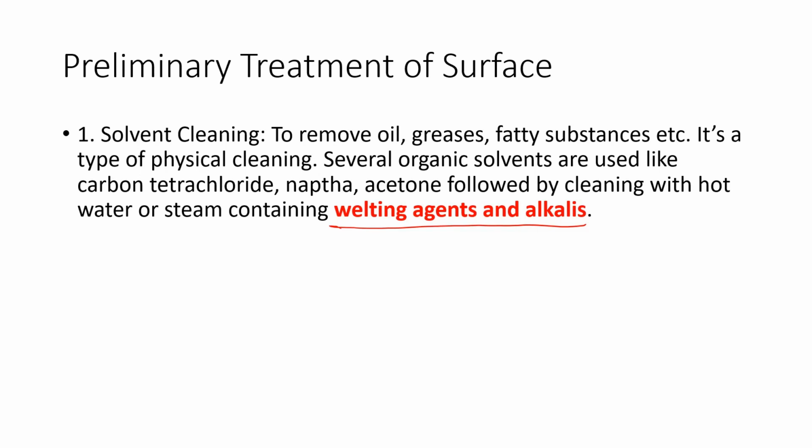As the surface tension is lowered, the spreading properties of that particular liquid will be increased, so it will spread to most of the surface area. Examples of some wetting agents are sodium lauryl sulfate, quaternary ammonium compounds, etc.